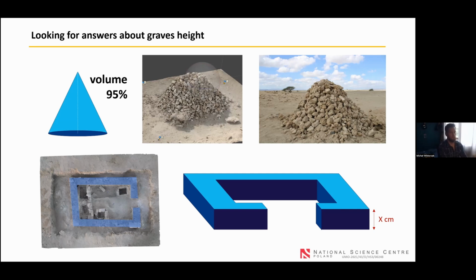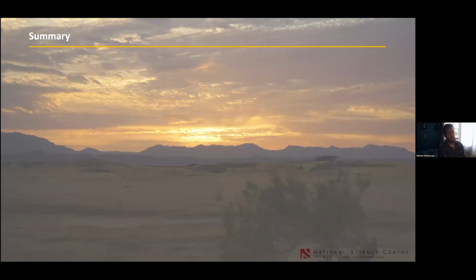This is still an open question, because there is no evidence for a bigger height or some structures that could have been there. And thanks to the methods used, we were able to get to these conclusions.